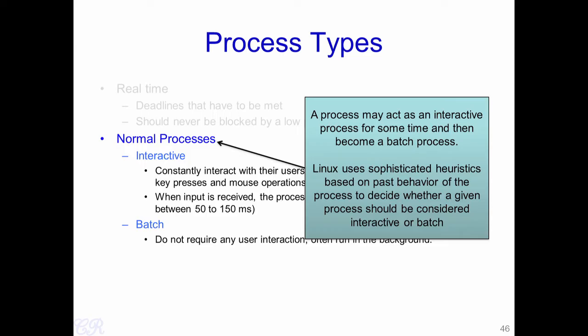On the other hand, a normal process can behave as an interactive process at one point in time and as a batch process at other points in time, and this behavior could vary from time to time. In order to distinguish between interactive and batch processes, Linux uses sophisticated heuristics based on the past behavior of the process to decide whether a given process should be considered batch or interactive. We will look more into detail about this.